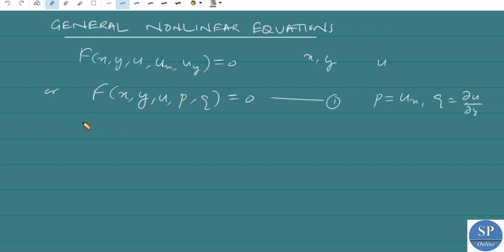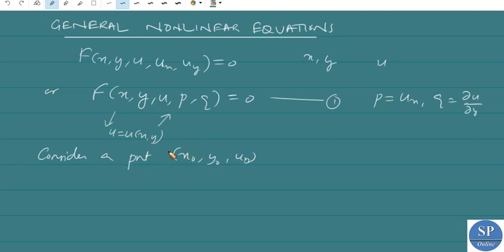So we have to find the solution, or the integral surface u = u(x, y), of this nonlinear PDE. Suppose we consider a point (x0, y0, u0) on the integral surface u = u(x, y).